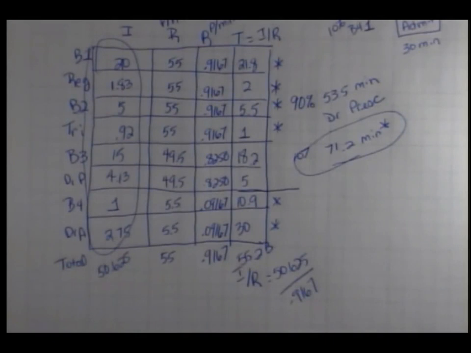Okay? So before we revised this process, we said that on average a patient spent 54 minutes in the entire process. Okay? And so now with this revision, we're saying that a patient spends on average 55 minutes in the entire process. Okay? So then the question is, did we improve the process?